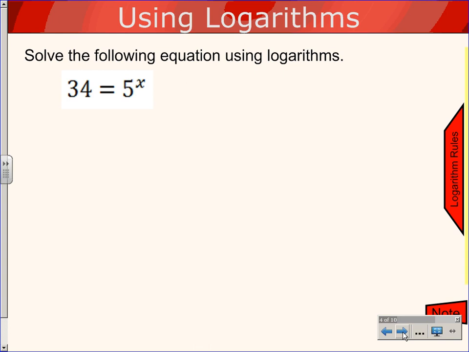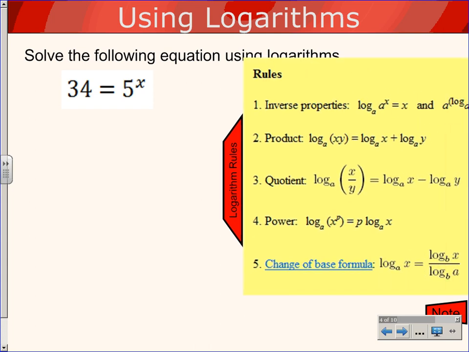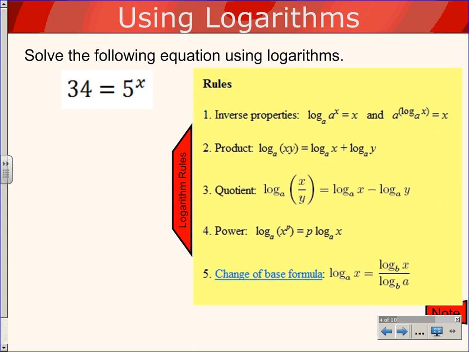The biggest reason we learned about them was to be able to solve some of these equations. 34 equals 5 to the power of x. And I'm going to slide this out. These were the logarithm rules, and these are ones that you would have learned in advanced functions. So I don't think there's anything here that's new for you. You would have seen all of these. The most important one for us is this one here, I suppose.